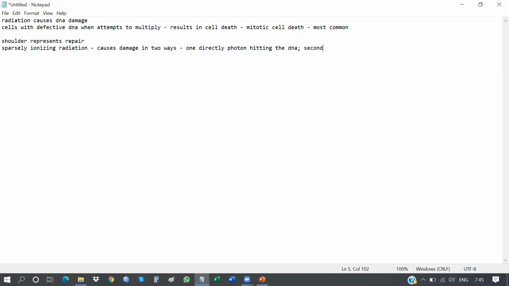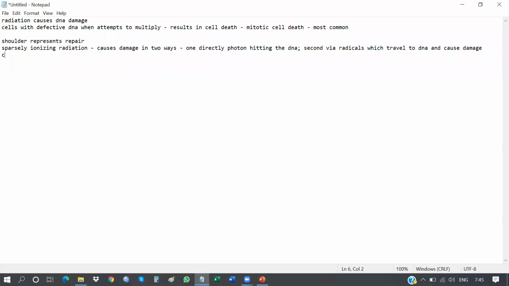Second, via radicals, which travel to DNA and cause damage. Correct?